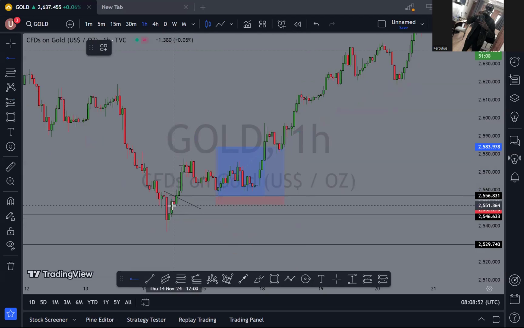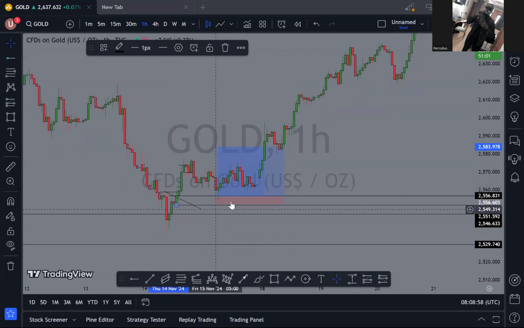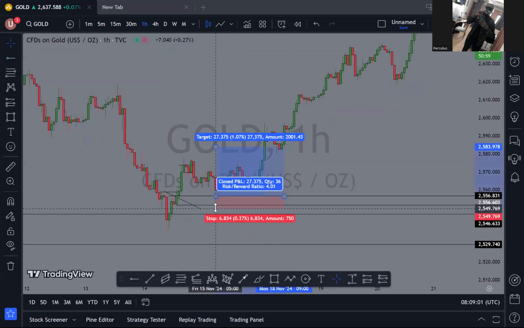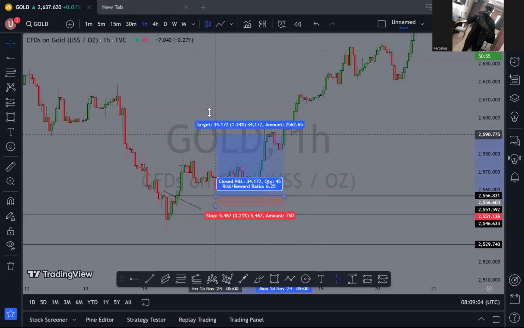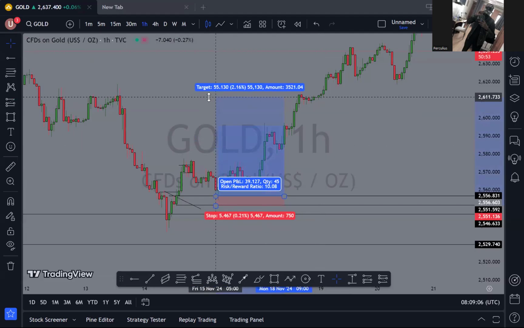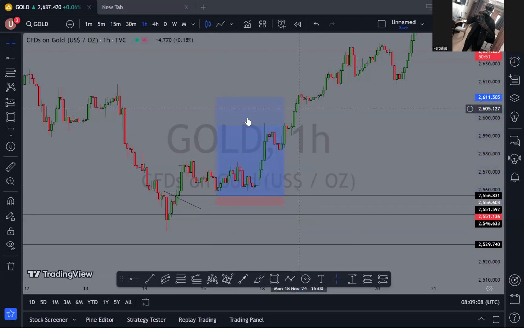So if you have structure right here, just like that, and my take profit will be at the last point, this point right here.